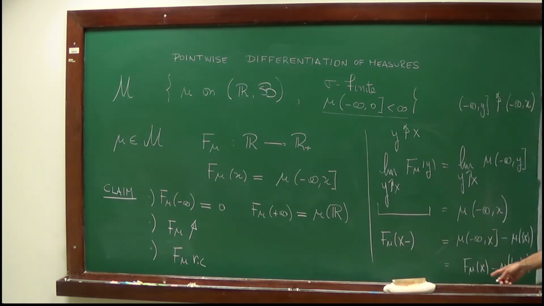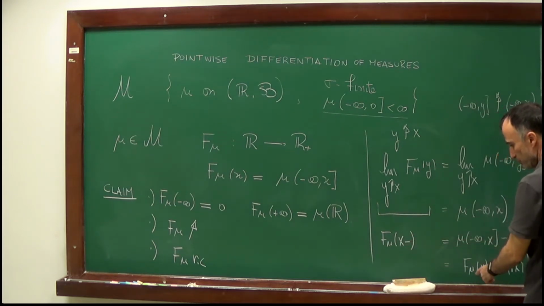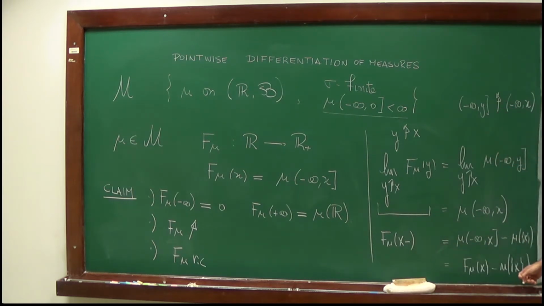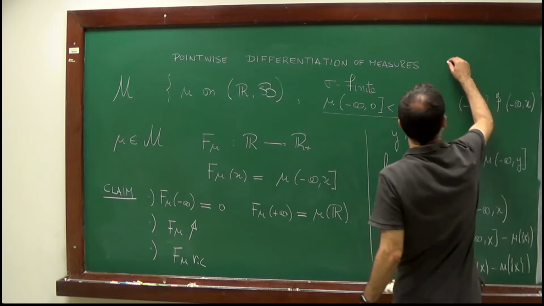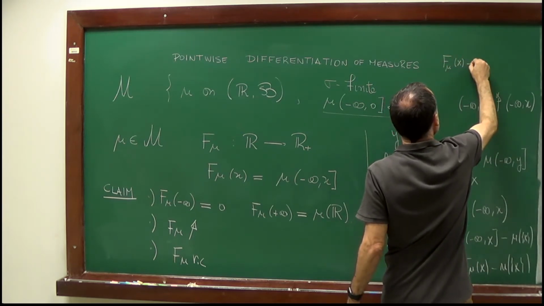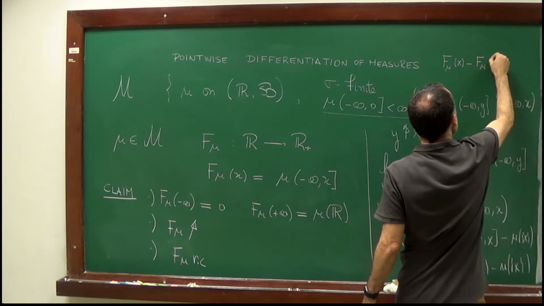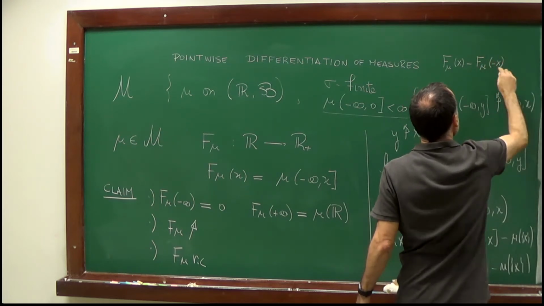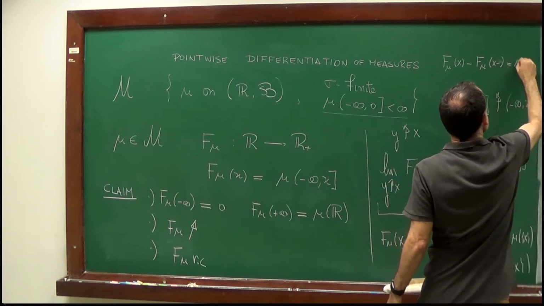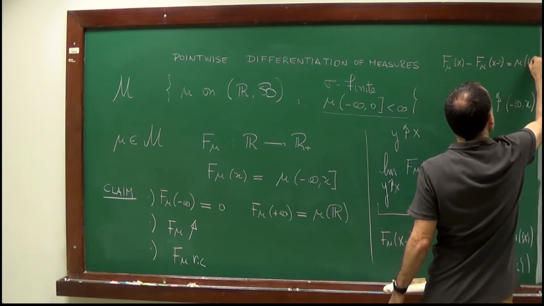And what we see is that f_mu will have a jump at x if and only if mu of x is positive. So what we just showed is that the left limit f_mu at x minus is equal to f_mu of x minus the measure of the point x.